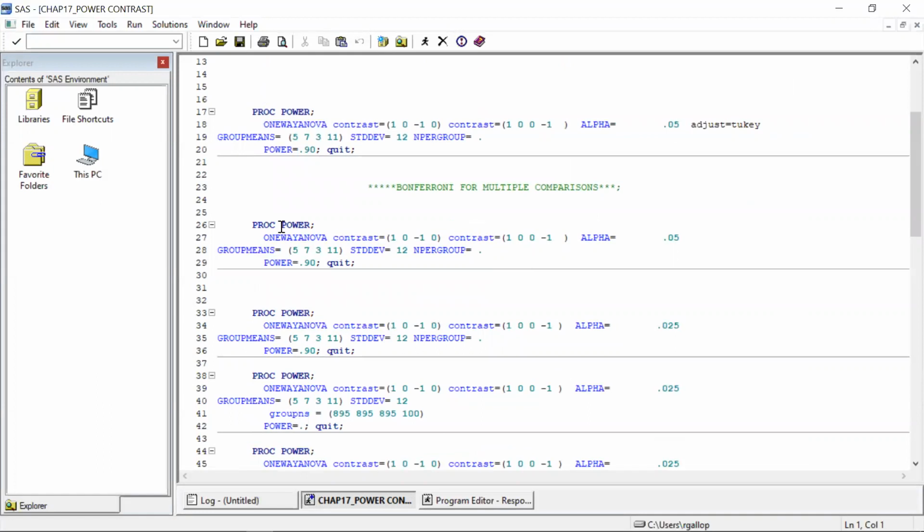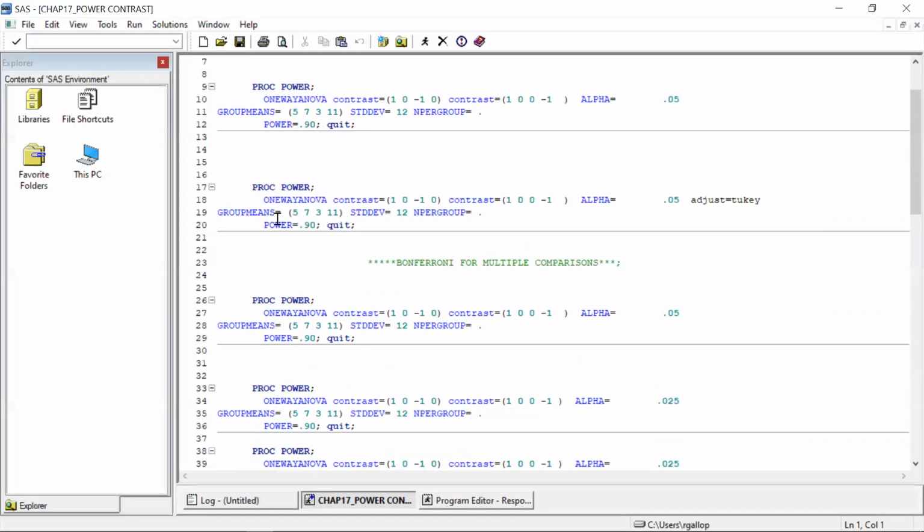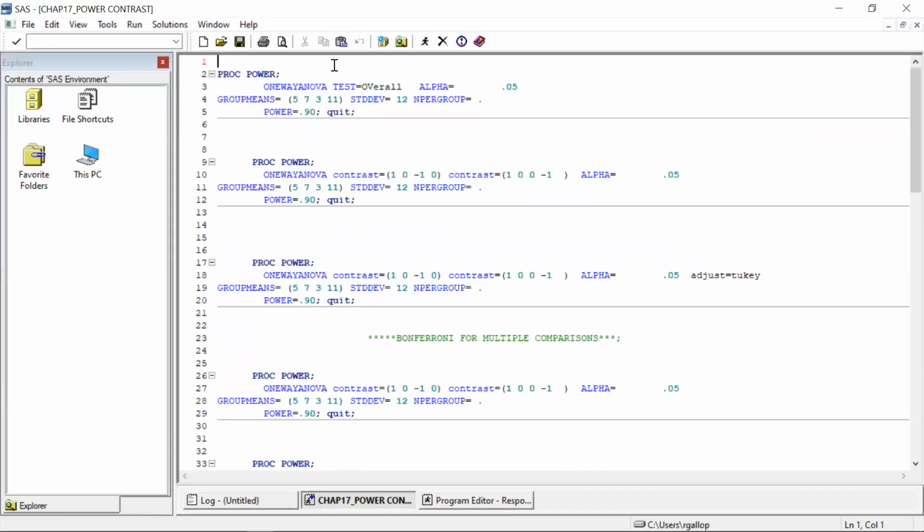But now, if you see here, when I get down here, we did the overall, right? But if I want to find a power for comparing design 1 to design 3, I would specify this contrast command. Design 1 versus design 4, this contrast command.